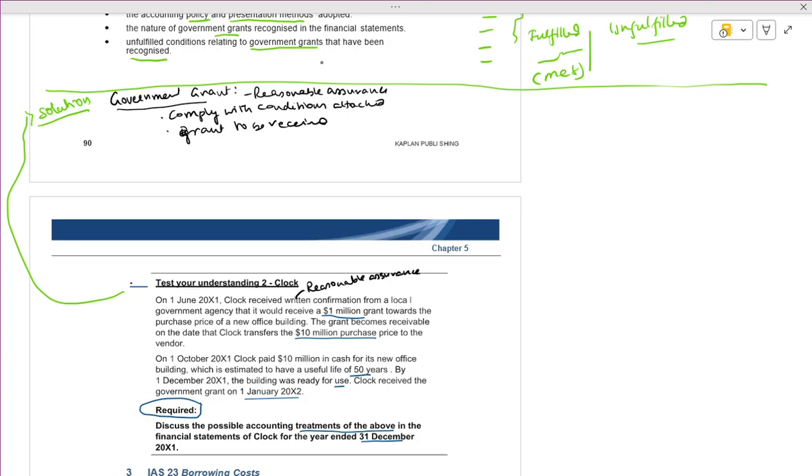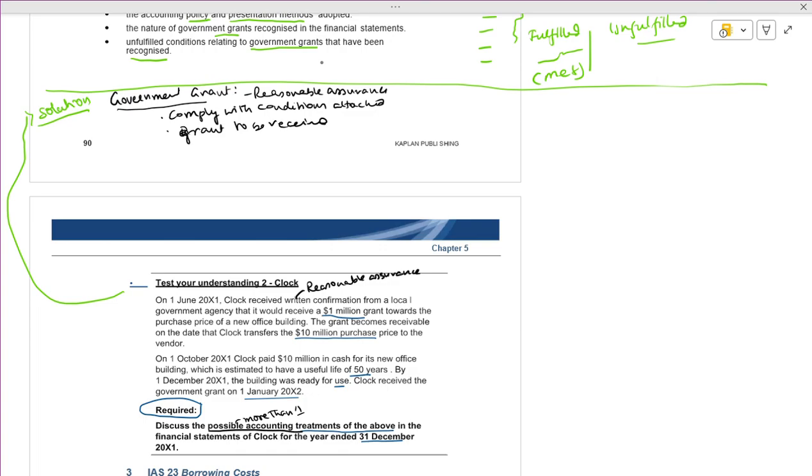Discuss the possible accounting treatments. Possible means more than one.